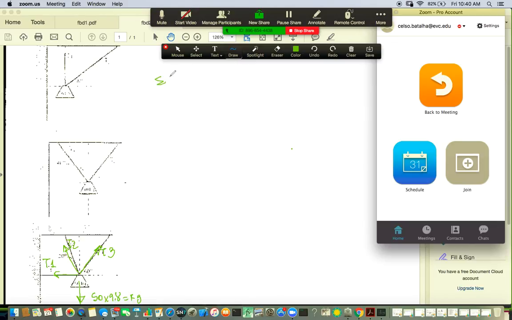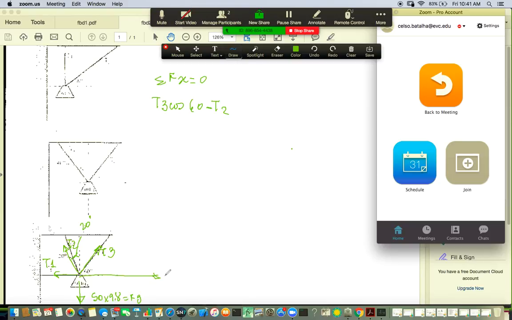Same mantra: sum of forces in x equals 0. There is no motion. This angle here is 20, right? Yes. So in x, T3 cosine of 60 minus T2 will project in the opposite direction.